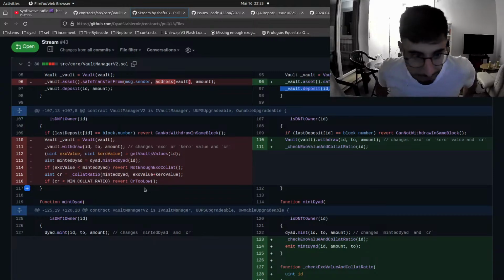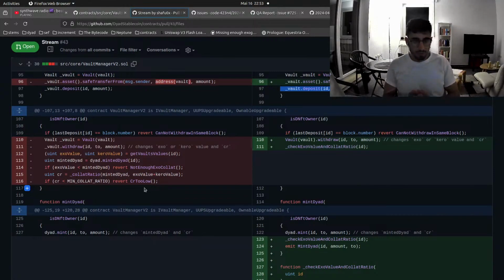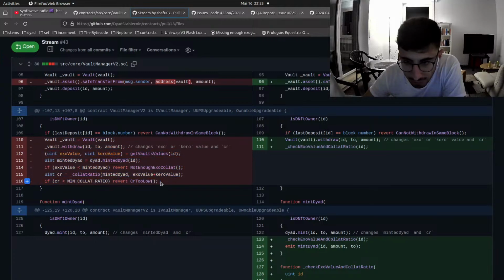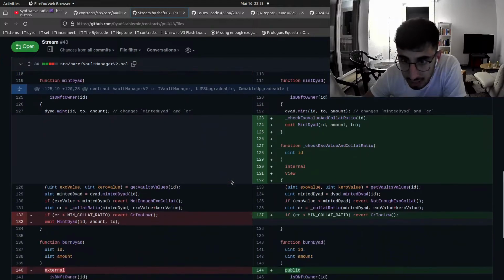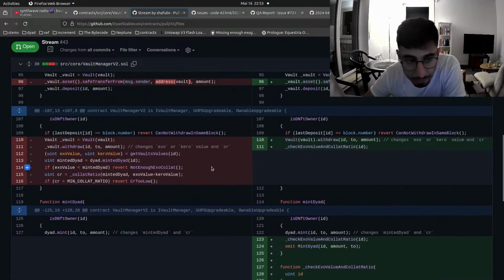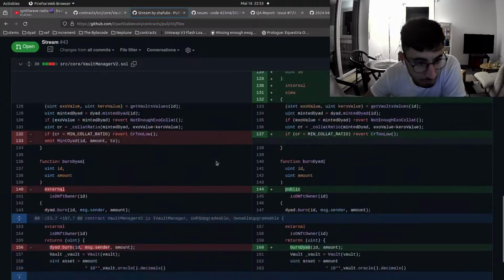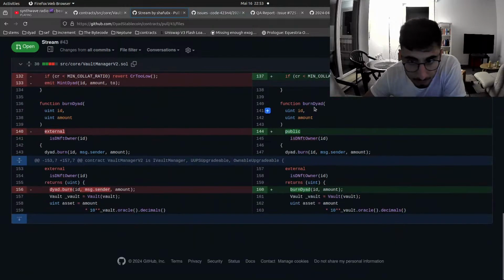It's a refactor for redeem. We're going to burn that instead of calling it a bit.